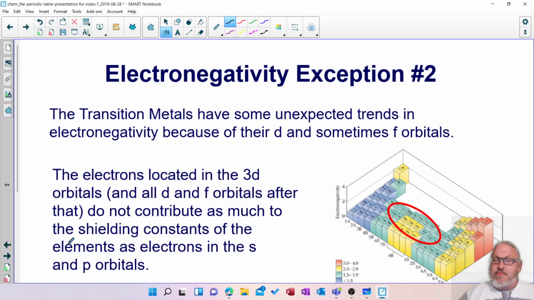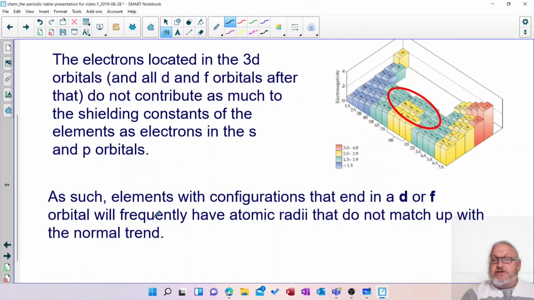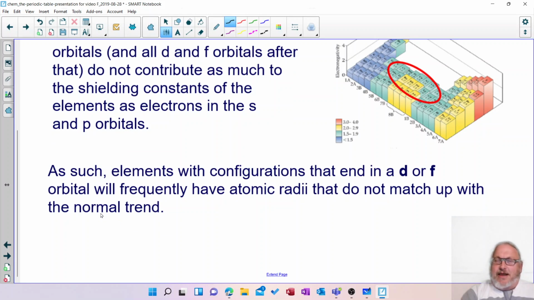Because they're inner, there's not as much of the shielding going on. The s and p electrons are the main group electrons. Elements with a d or an f orbital are going to have weird atomic radii and aren't really going to follow the trend, so I wouldn't worry too much about them when it comes to trends.